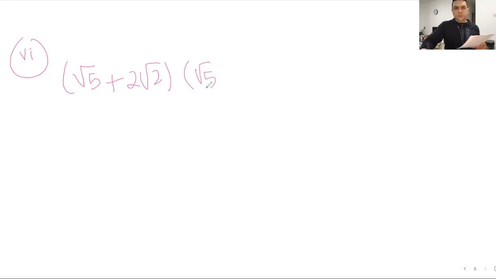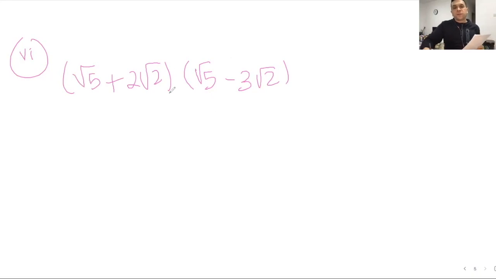Number 6. Square root of 5 plus 2 times the square root of 2, times the square root of 5 minus 3 times the square root of 2. Again, we have to apply the distributive property. This time we FOIL it.